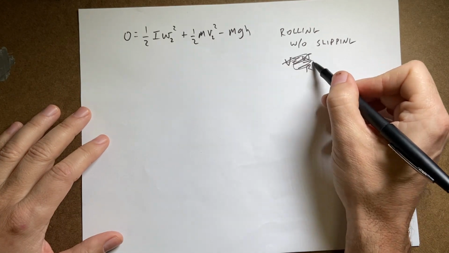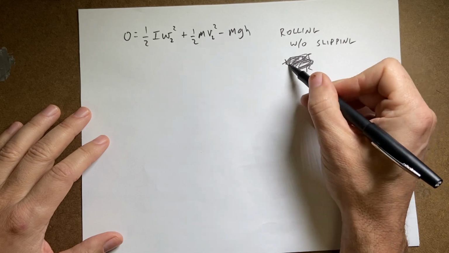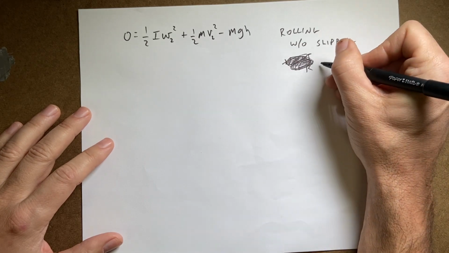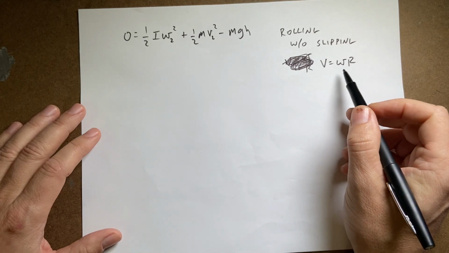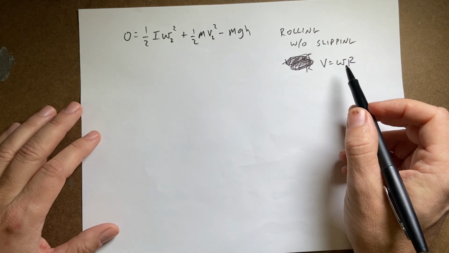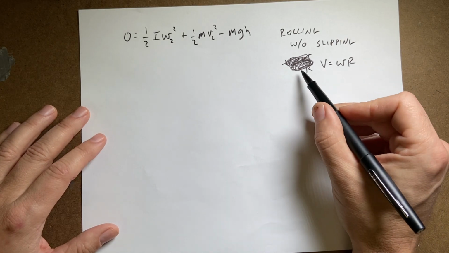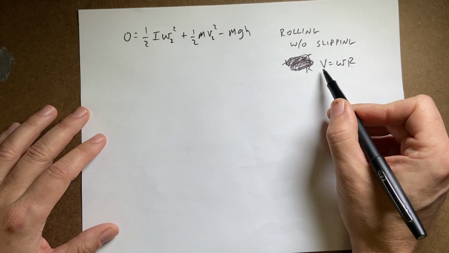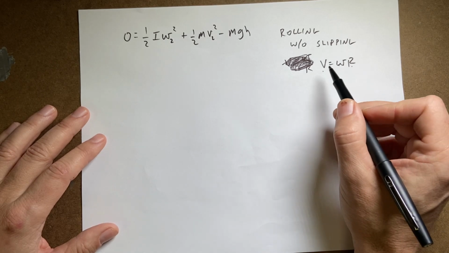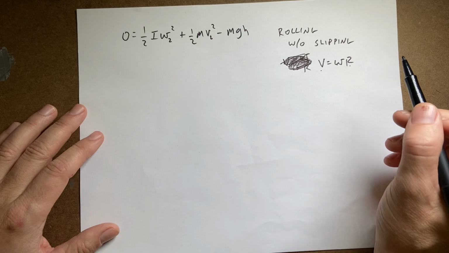I sometimes blank out on this because I'm thinking about the next step, but I catch it by checking units: radians per second times meters gives you meters per second. That's one way to check it. Okay, so I do know that.